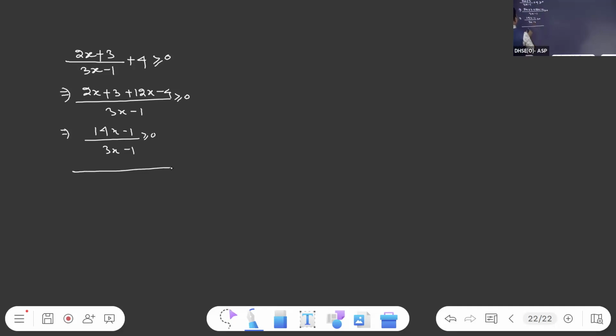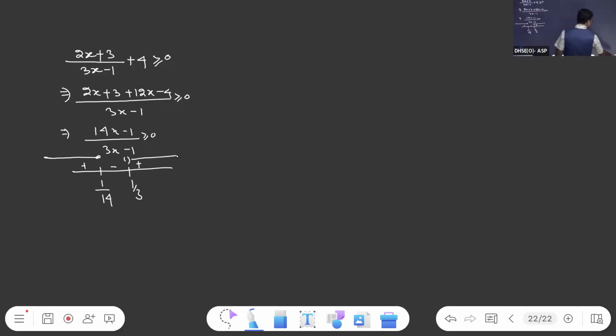Critical points are 1/14 and 1/3, with signs plus, minus, plus. So (−∞, 1/14] union (1/3, ∞). This is the answer to the left inequality.